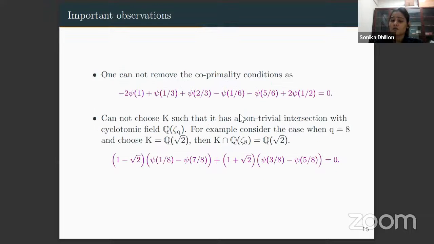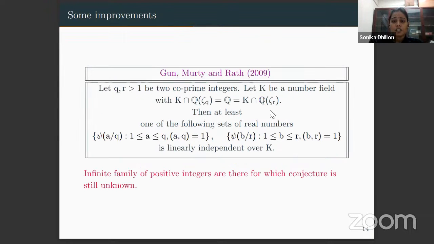In that case, we can find an example: if we take q equal to 6, then we have a non-trivial example where the psi of a by q satisfy a non-trivial relation over the field of rationals. Another assumption in this particular setup is that the intersection of K with the cyclotomic field has to be Q only. Now what happens if it is not Q?